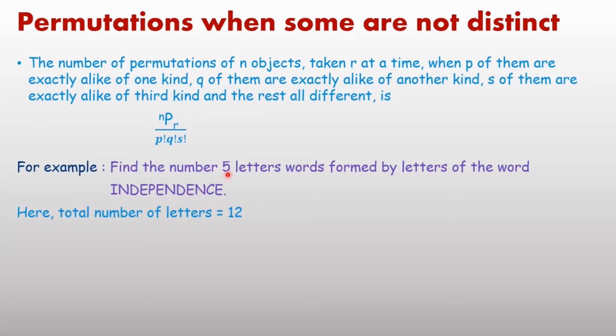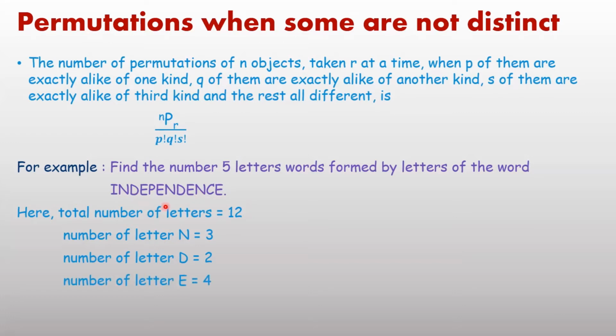But if repetition is there, then you have to divide by the factorial of the repetition of letters. There are 12 letters, number of permutations 12C5. Now whatever repetition: N repeated 3 times, 1, 2, 3. Repetition of D 2 times, one here and the second here.